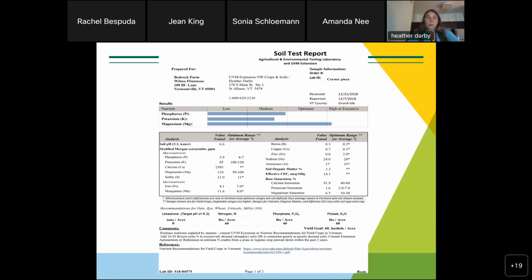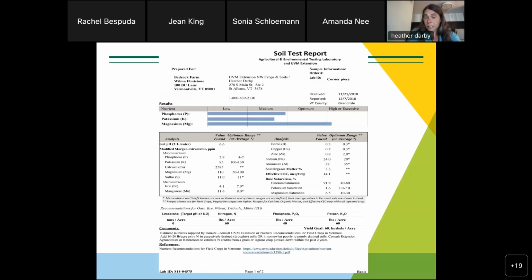So you definitely want to make sure that, again, a local lab is going to give you results that are conducive for our area, so you don't really have to worry about interpreting it wrong. So in this case, the soil pH, again, is showing the level of acidity in the soil.